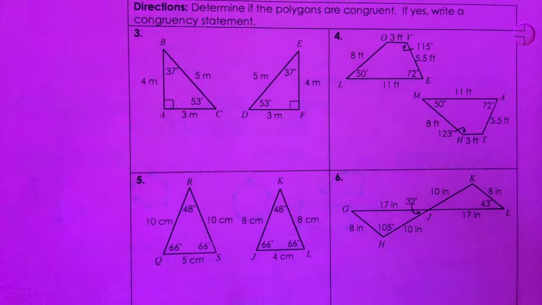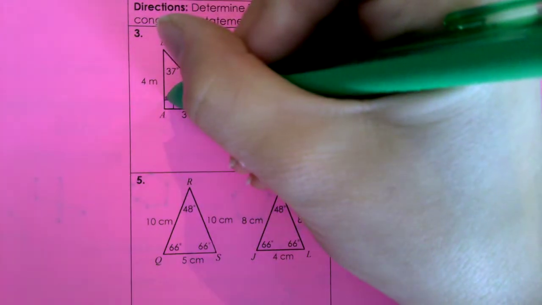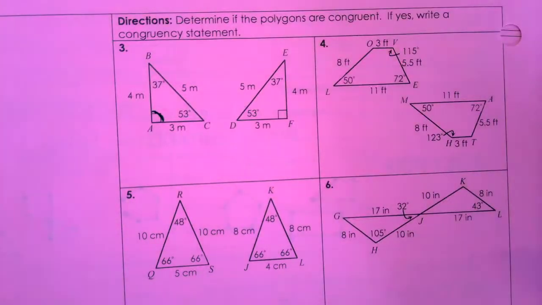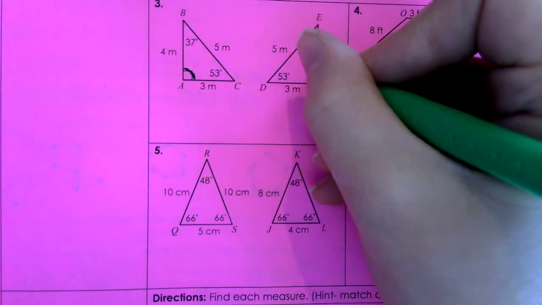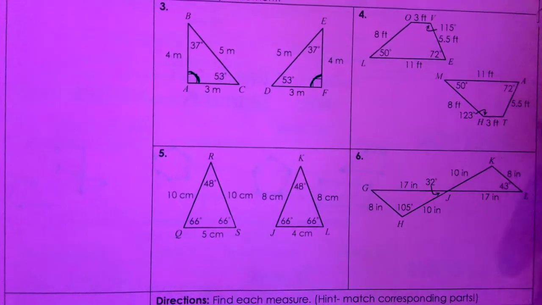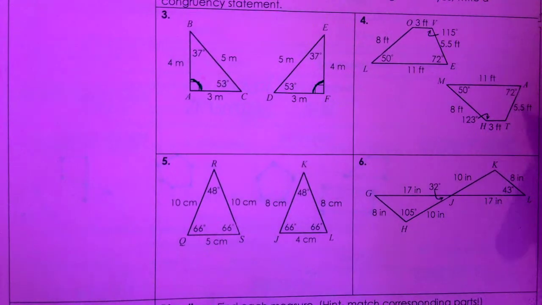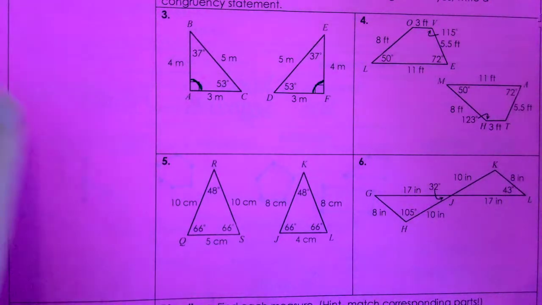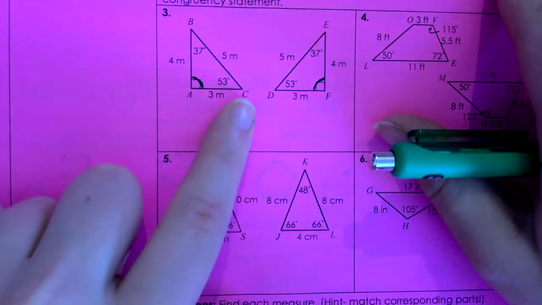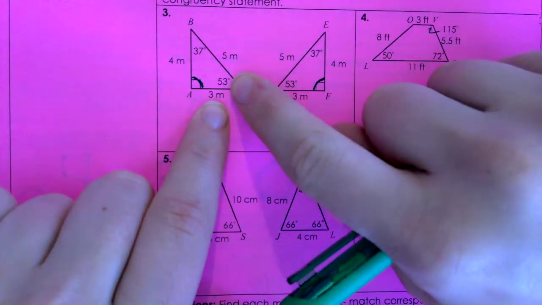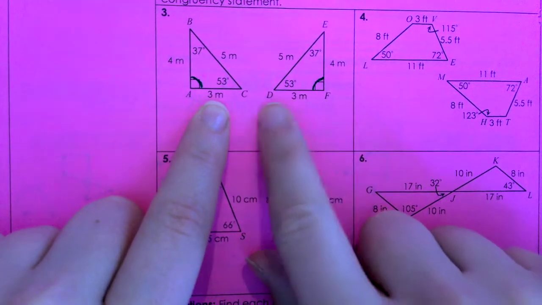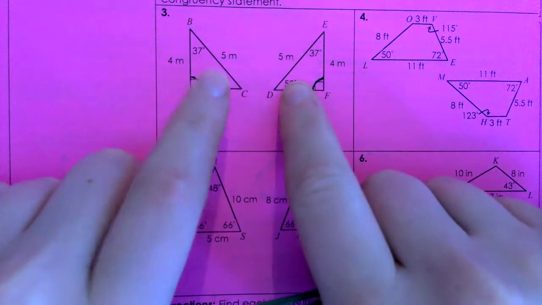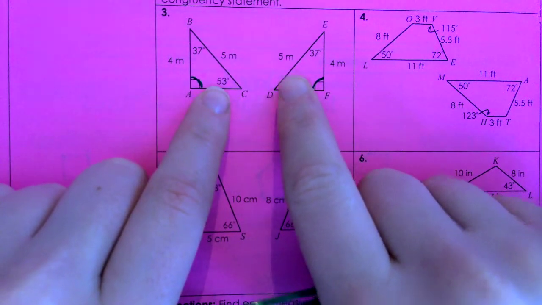So I have two triangles here. Right off the bat, I have angle A, which is a 90-degree angle. That would line up with angle C, which is a 90-degree angle. So that one's congruent. Are my other angles and sides? Well, AC is 3 meters and has a 53-degree angle measure, and DF is 3 meters and a 53-degree angle measure.